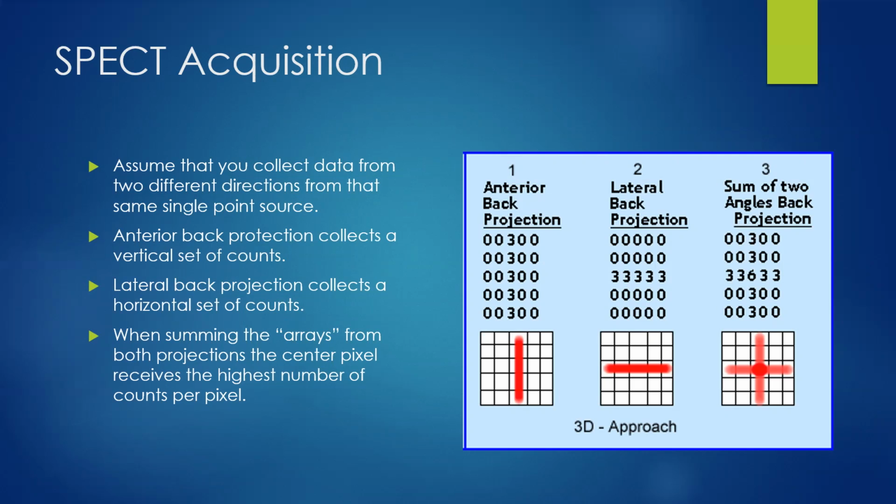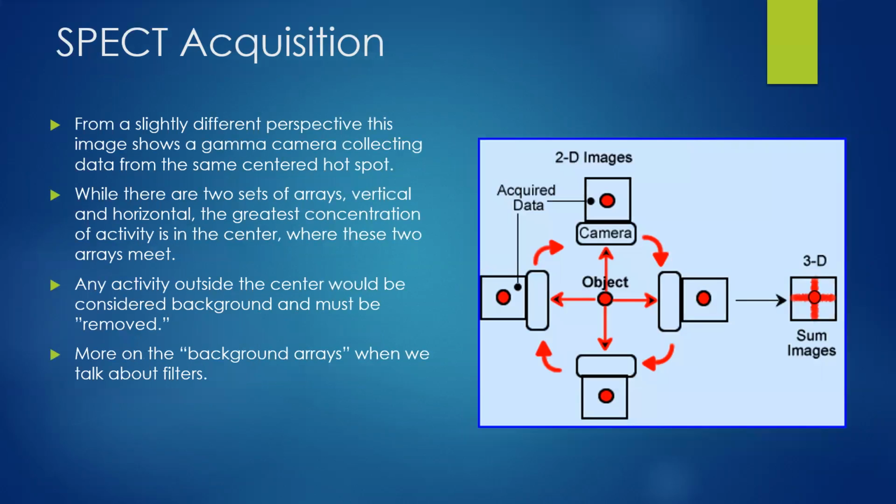Let's continue on this thought. Now we have a gamma camera that goes 360 degrees around a patient, although in this case, I'm again just showing you 4 different projections every 45 degrees. But in the end, what we are looking at are the vertical and the horizontal angles, and we're noticing that the greatest center of concentration of activity is located in the center where these 2 arrays actually meet.